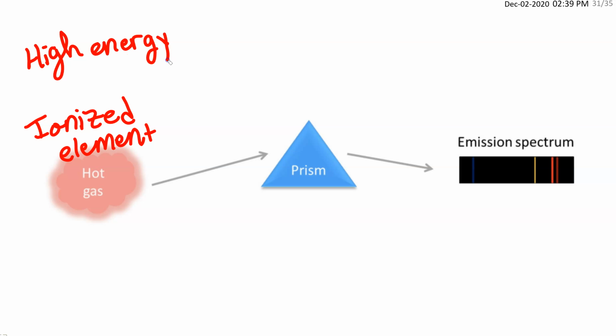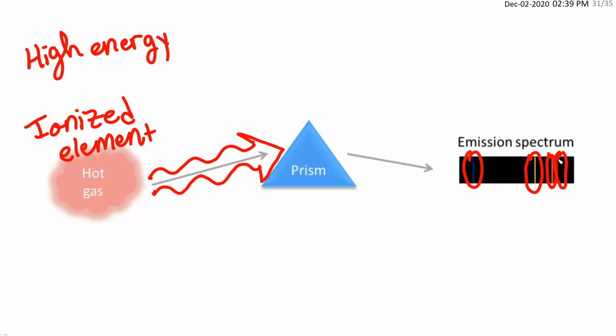They emit some sort of light that's mixed around. It gets diffracted in the prism, but instead of getting a whole bunch of lights, we get specific lights. We get specific wavelengths.